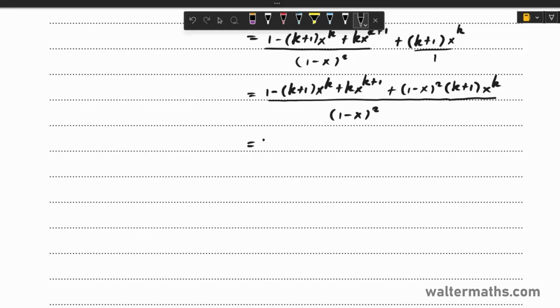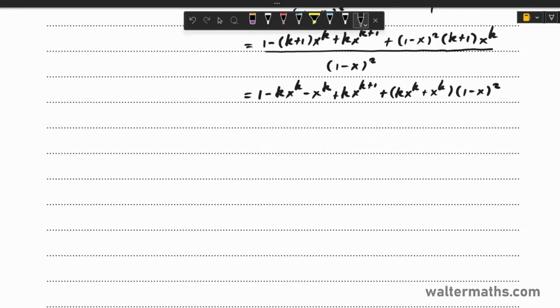So here I'll be having 1 minus kx to the k minus x to the k, plus kx to the k plus 1, and here I'm going to expand the last two terms, which gives kx to the k plus x to the k, of 1 minus x squared, all over 1 minus x squared.